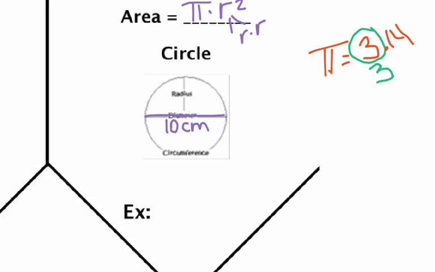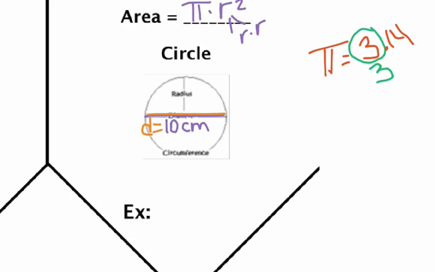In order to calculate the example, if we look at the formula, it asks for R. R is our radius, but be careful. All the way across the circle represents diameter. So this would be a D in the formulas.